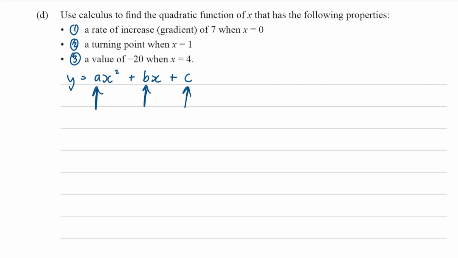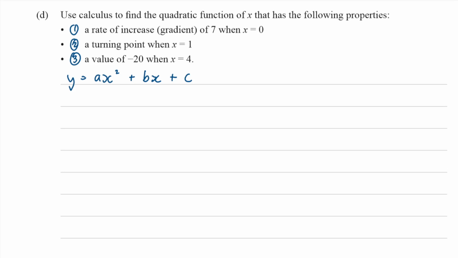So if we get 3 equations for 3 unknowns, it means we can solve the system if it has a solution, right? Which I hope this one does. So what that means for us is, for each bullet point, express it as an equation in terms of A, B, or C, or some combination.